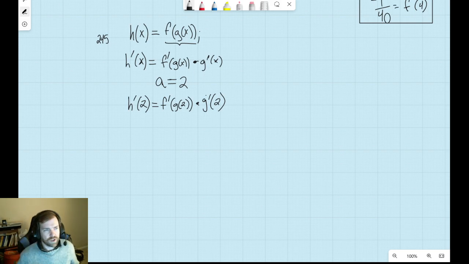So g of 2 on the inside of the function, g of 2 is 1. Times g prime at 2, g prime at 2 is -1.